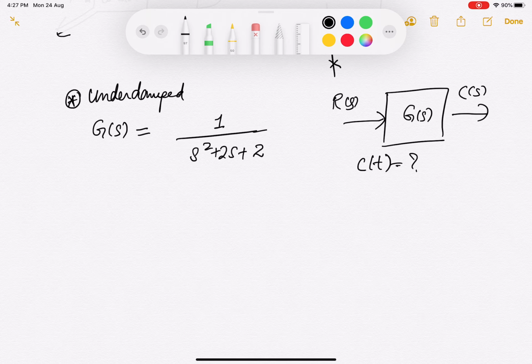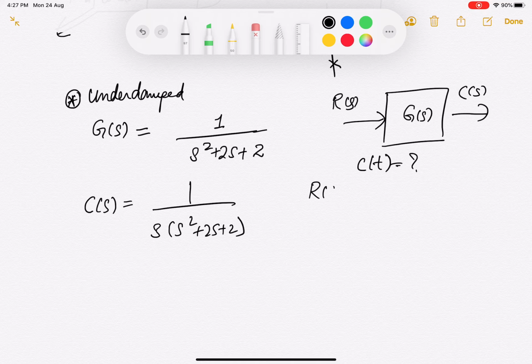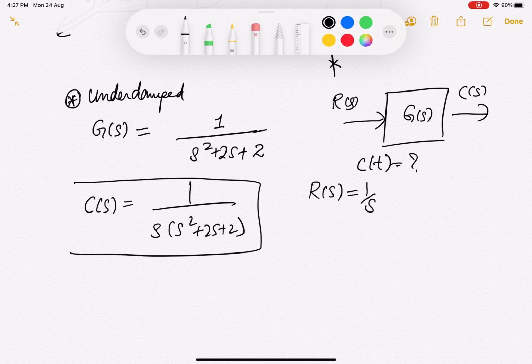So we can write down the equation for C(s). It is 1 upon s into s square plus 2s plus 2, because your step input is 1 by s. So you have to now apply partial fraction expansion on this in order to find out c(t).